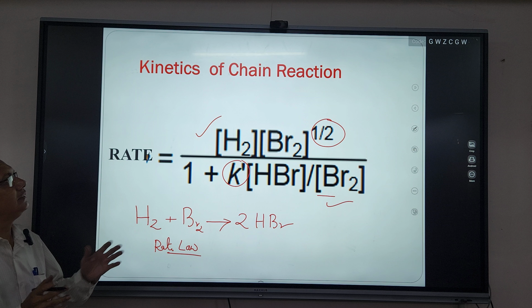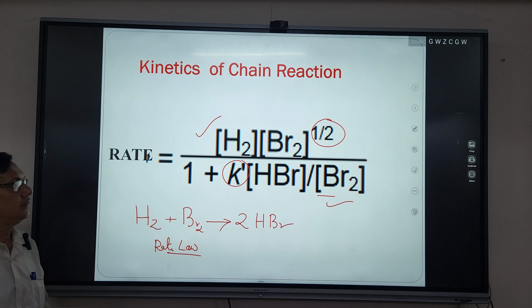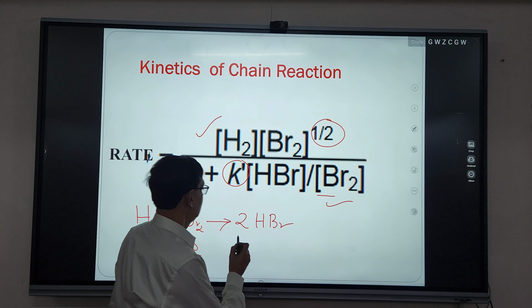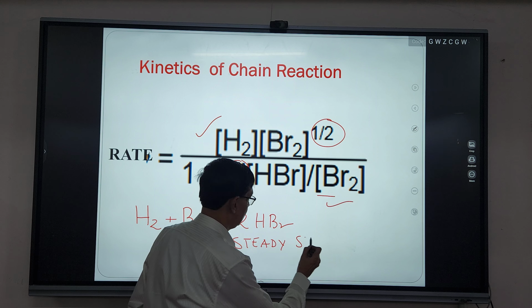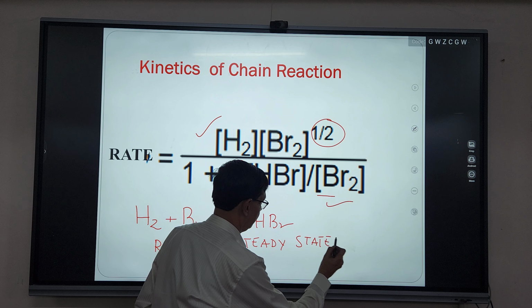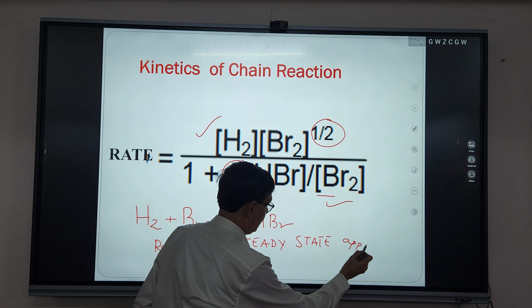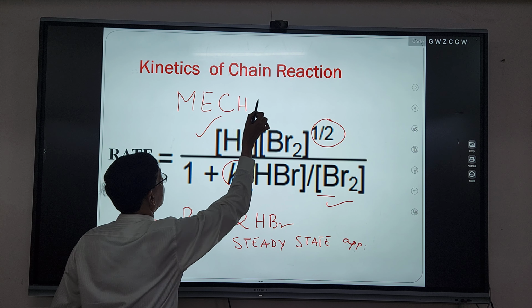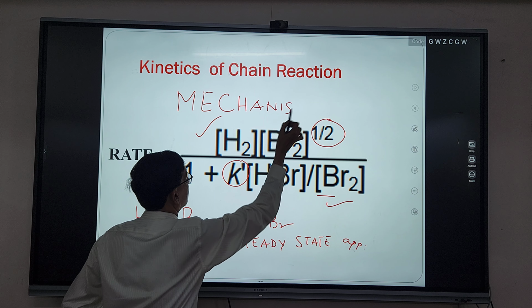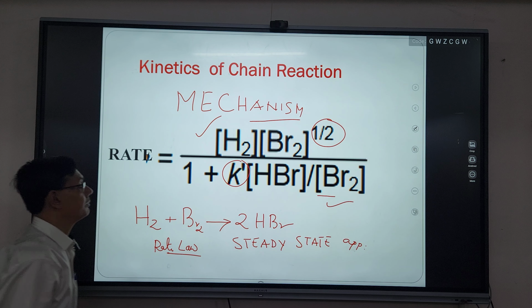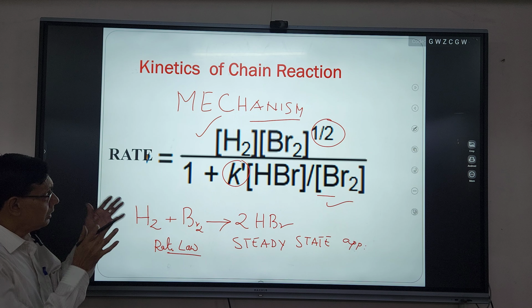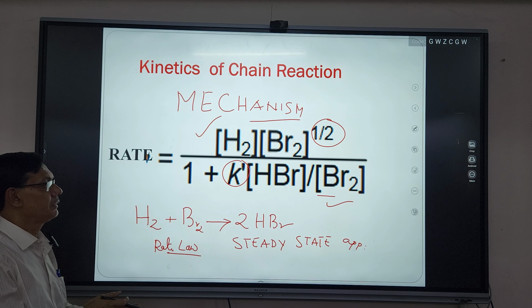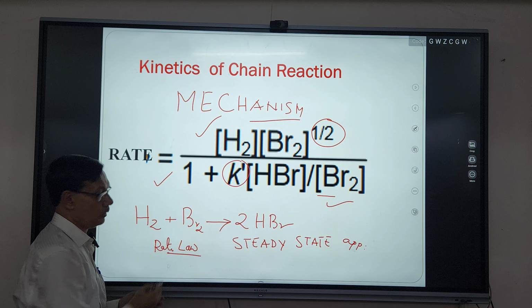So in order to determine the kinetics of the chain reaction, we have to take the help of the steady state approximation method. And second, we must know the mechanism, or the different elementary steps. On the basis of this mechanism or the elementary steps, we can determine the final rate law.